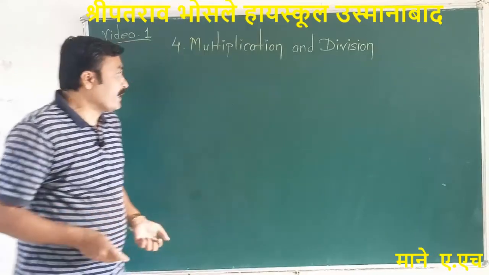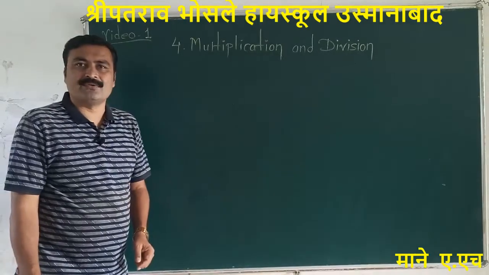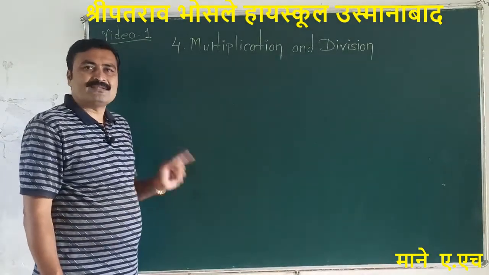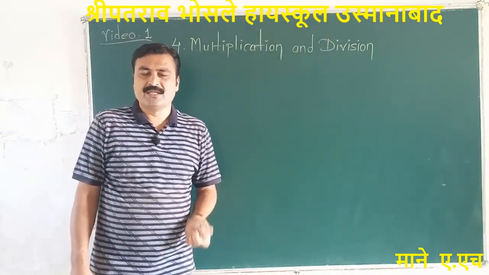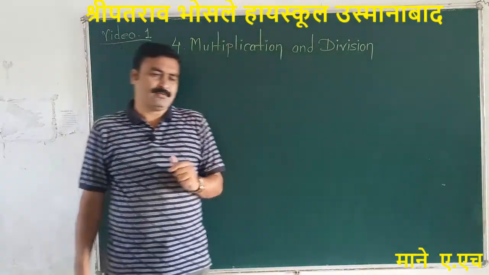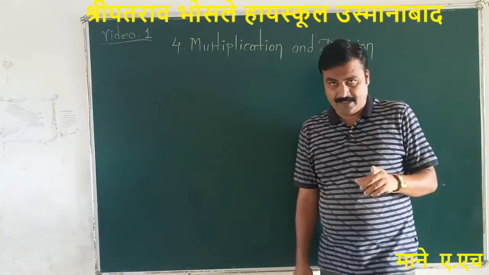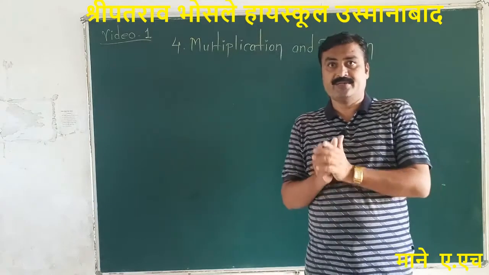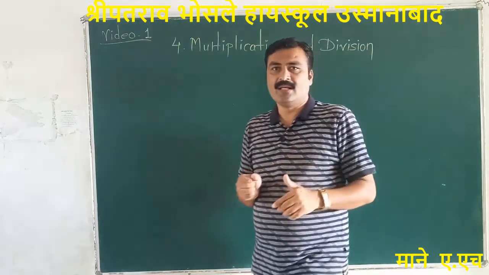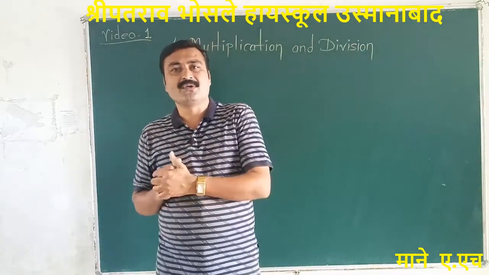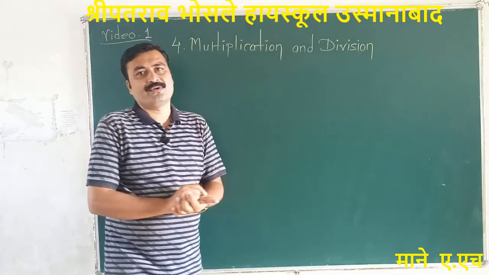We will continue the information about multiplication first, and thereafter division. For multiplication, first we do simple examples, and after that some word problems. Similarly, we also do simple examples on the division process, and thereafter some word problems on division.